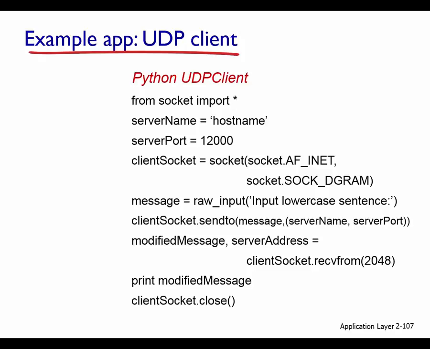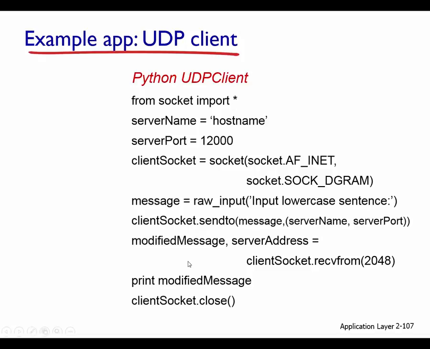Our socket is going to have 2 data items. AF_INET says that this is a socket that's going to be an internet IP connection, and we define it as a datagram, so it's going to be UDP.